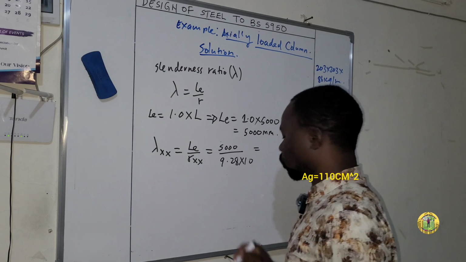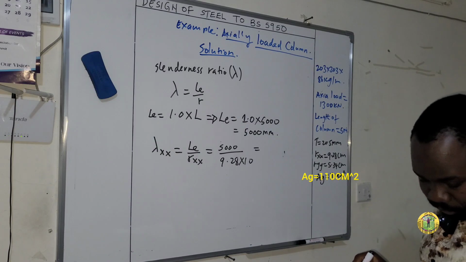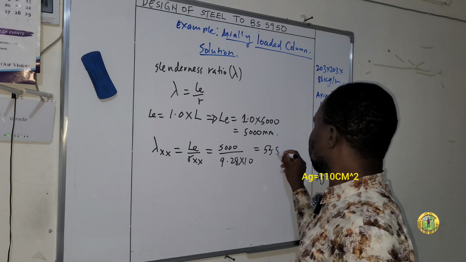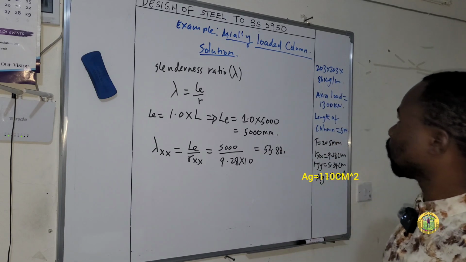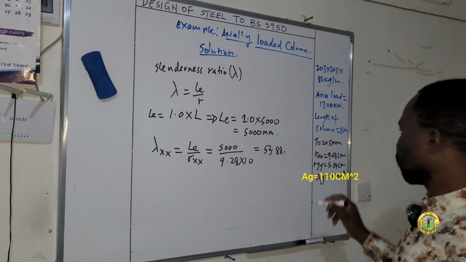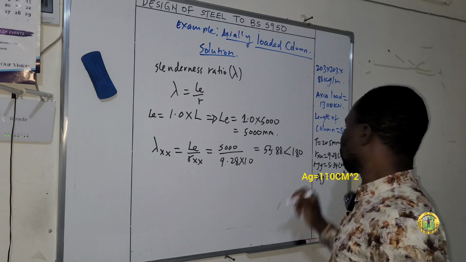So this one is equal to 53.88. And remember, for a column which is carrying a dead load and an imposed load, the slenderness is limited to 180. So this one is less than 180.